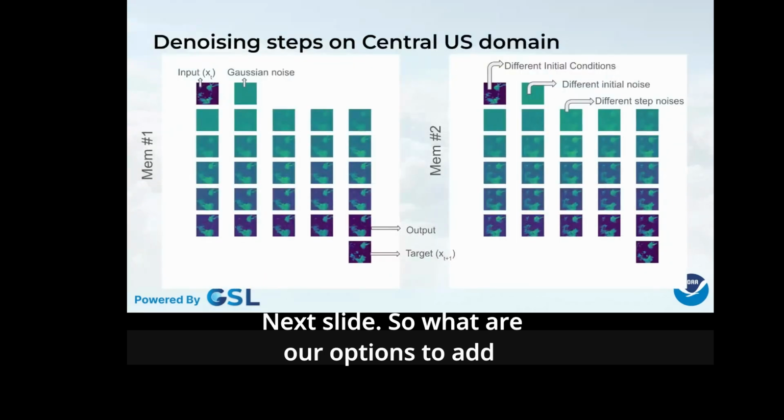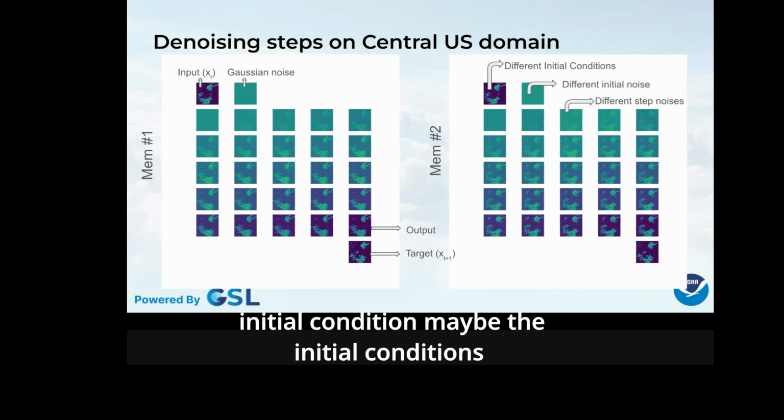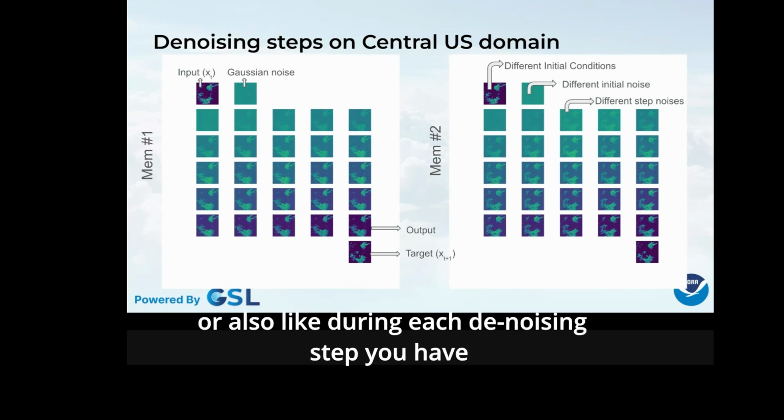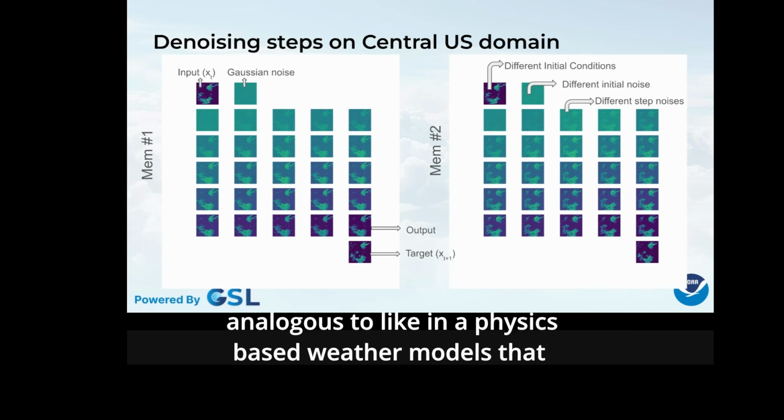Next slide. So what are our options to add different perturbations? You could perturb the initial conditions, or during each denoising step you have the option of adding some noise, which is analogous to perturbing the physics in physics-based weather models.